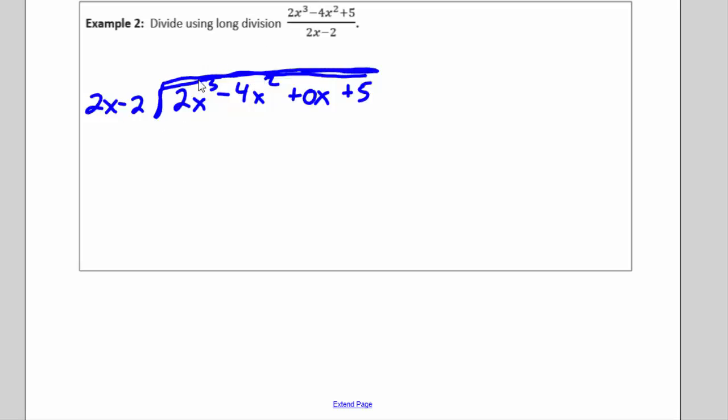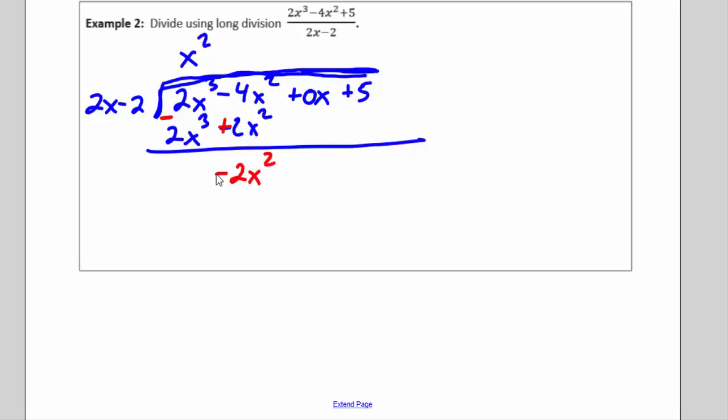Alright, so 2x into 2x to the third divides in x squared times. x squared times 2x is 2x to the third, which it should be, and then multiply, you get negative 2x squared. Okay, so now we change the sign, subtract, minus, and then this changes to a plus. Now we have negative 2x squared.